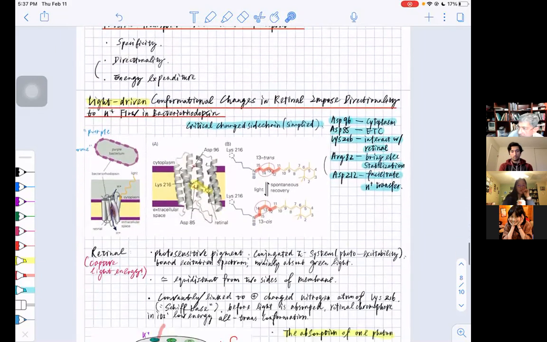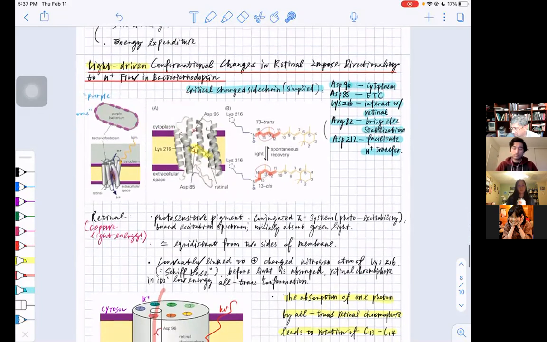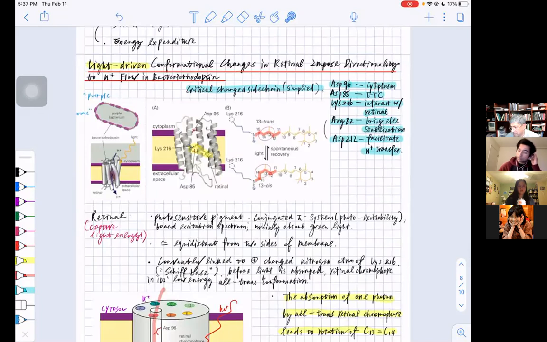It basically has this retinol, which is a light capturing molecule. It will undergo a conformation change upon excitation of light, which imposes the directionality of proton flow.